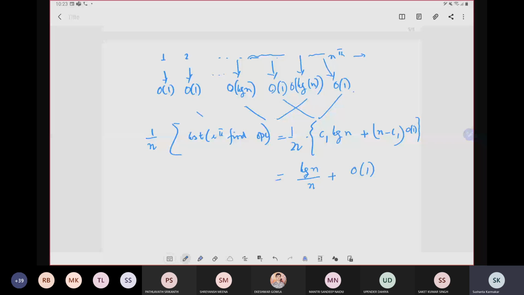There is a general result which we will just state.